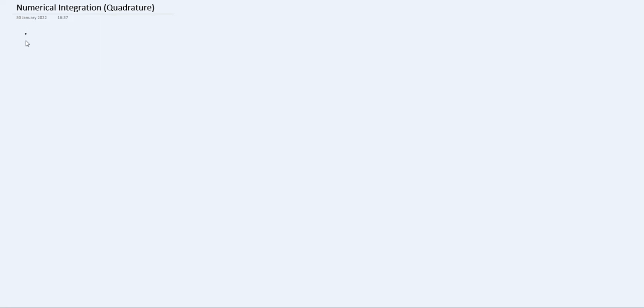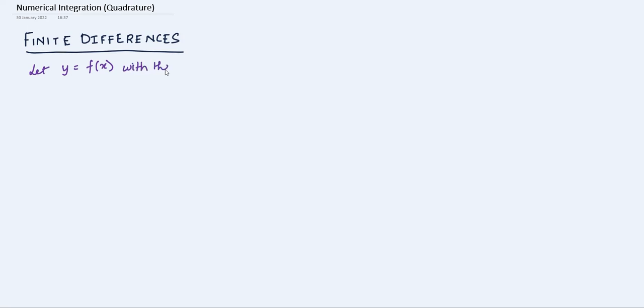So, finite differences. Let y equal to f of x be a function with the following set of discrete values.